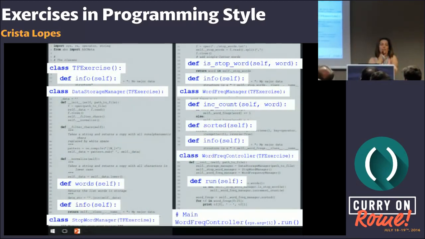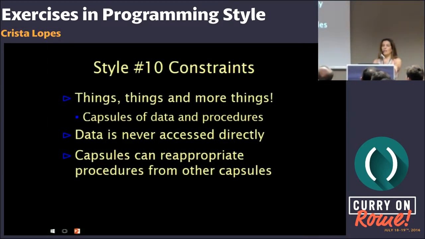You divide the problem into these entities, and they tend to be nouns, and you end up with all these managers and counters and controllers, and each one has their own methods, and each one can encapsulate data that you're supposed to access only through these methods and whatnot. So you end up with an object-oriented style that is very much Java flavored.